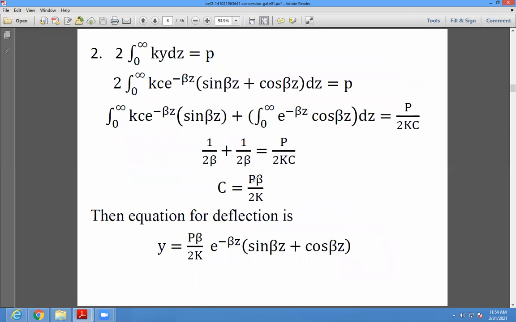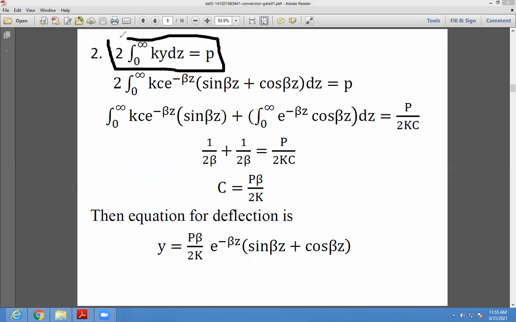Now the second boundary condition: 2 into the integration from 0 to infinity of ky dz is equal to P, right? P is nothing but the concentrated load.